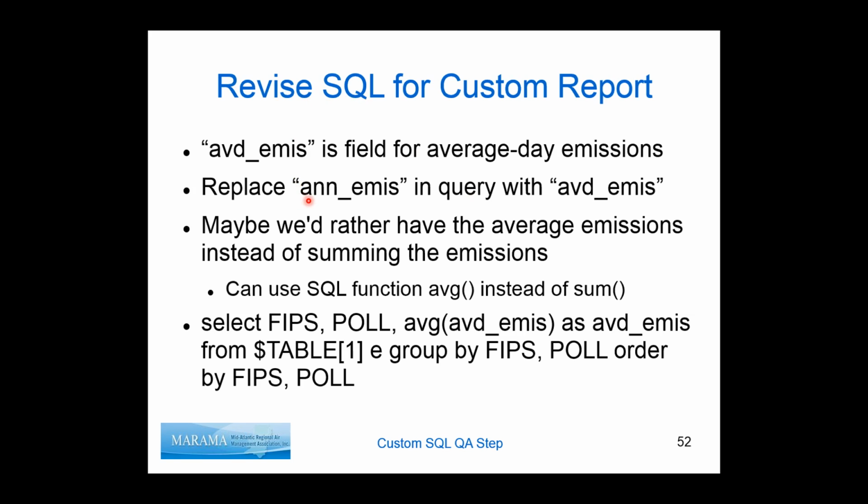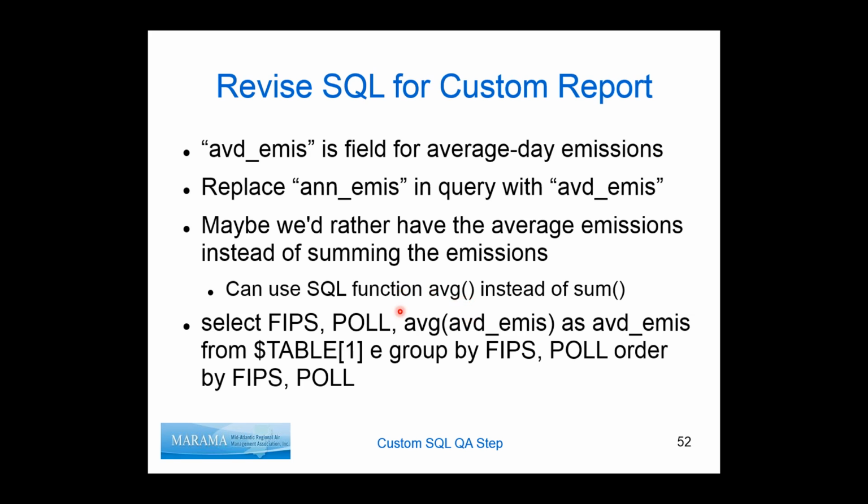So we pulled the SQL out, and then we could revise it for our custom report. So we would replace annual emissions with average day emissions. And then I mentioned that maybe instead of summing the emissions, it would make more sense to create an average of the emissions instead, because we're looking at average day. So the original query has a sum function in it. We could change that to the SQL function average if we wanted to.